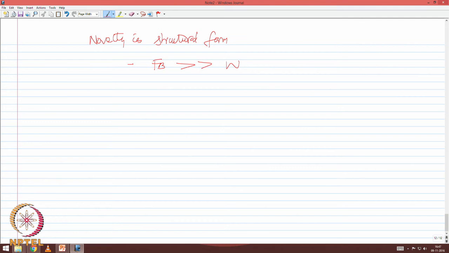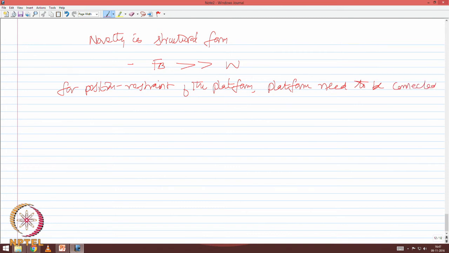But for keeping the platform in position, what we otherwise call position restraint of the platform, it needs to be controlled, it needs to be connected to the seabed. Then only the platform will remain in position, otherwise the platform will be continuously floating and no drilling operation can take place.